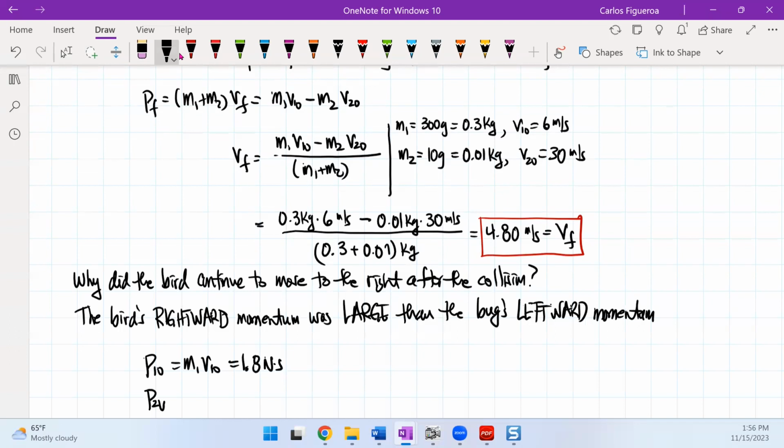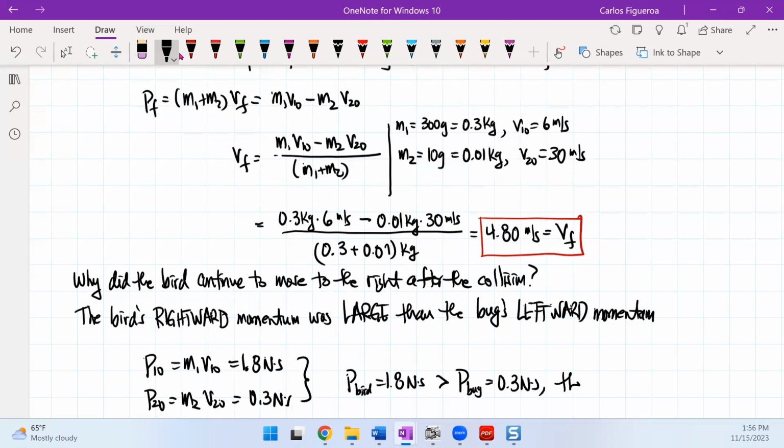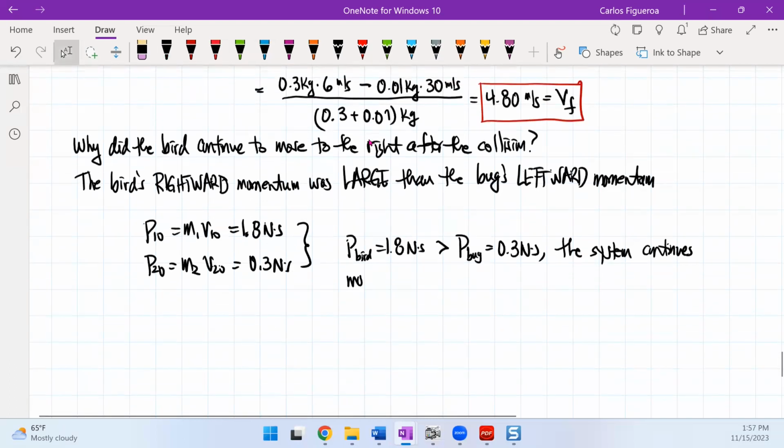If I calculate the bug's and just look at its magnitude, it is 0.3 newton seconds. So because the bird's momentum, 1.8 newton seconds, was greater than that of the bug, 0.3 newton seconds, the system continues moving to the right.